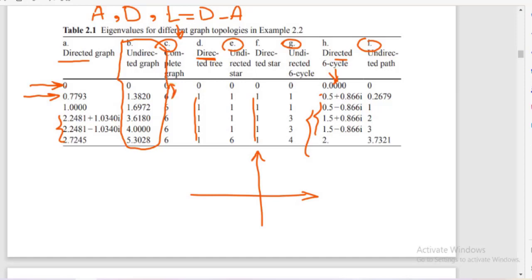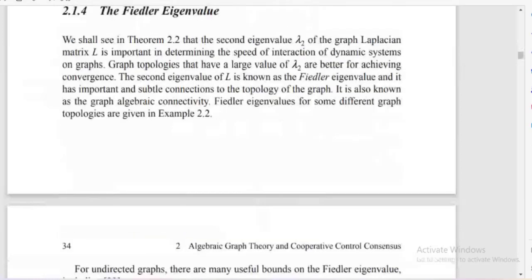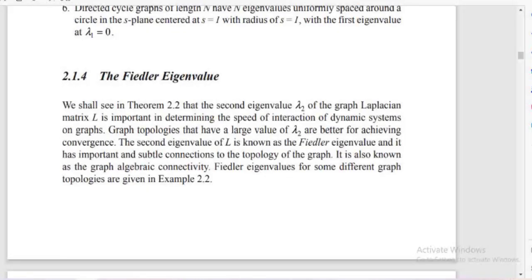The distance between 2 is 6. Here the distance is 1, and between the 0 and 0.2. Okay. The second eigenvalue is the Fiedler.